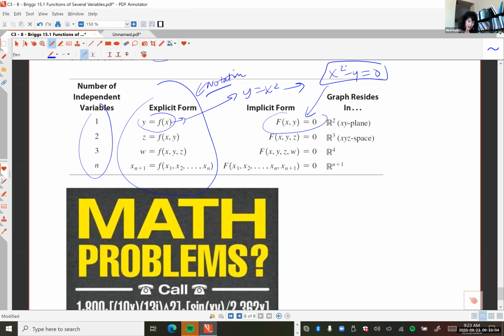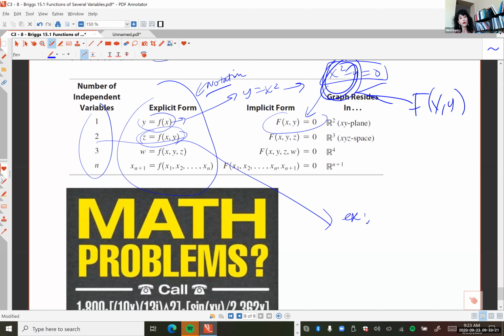So this stuff on the left-hand side, right here, that is now a function of 2 variables that you're setting equal to 0. And you could do the same thing for all these others, where if you have a function of 2 variables, you move everything to one side and 0 on the other. Here's an example.